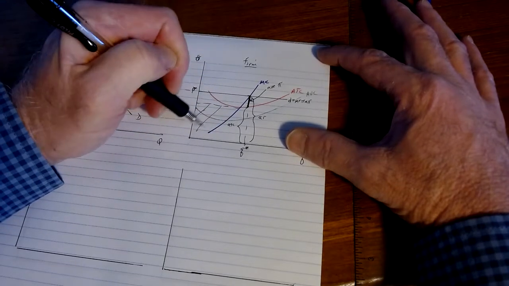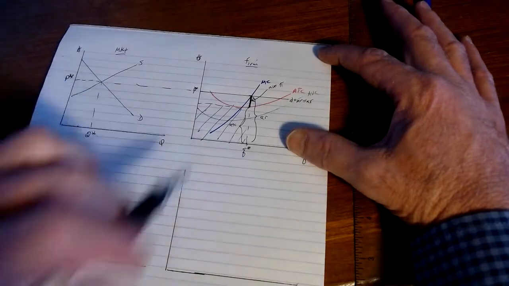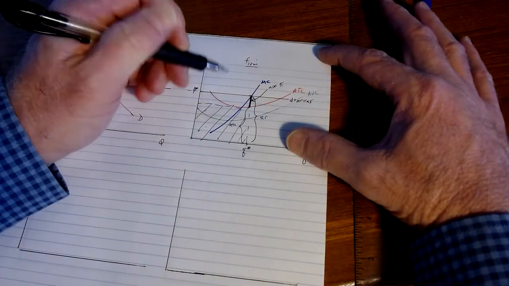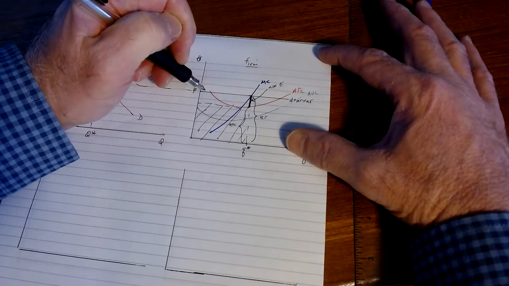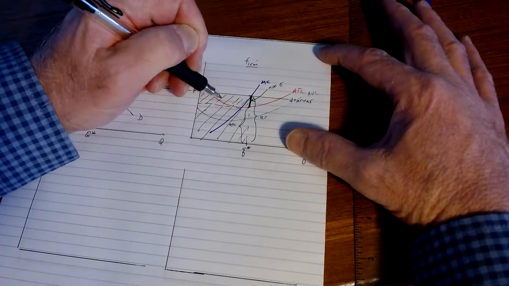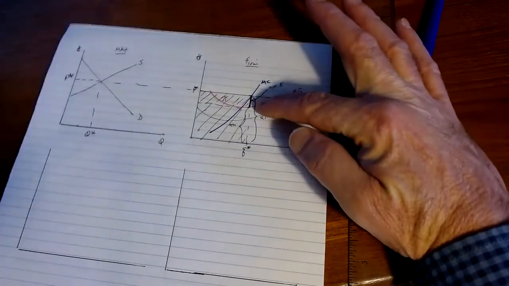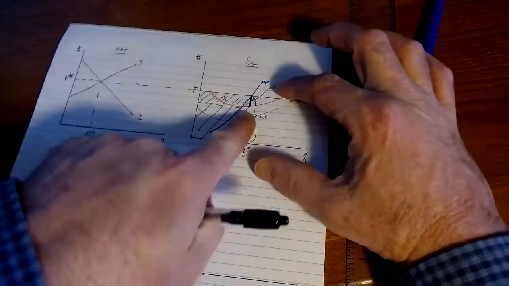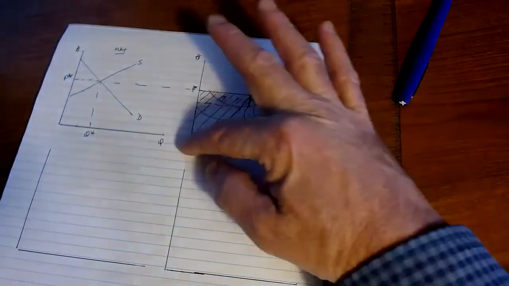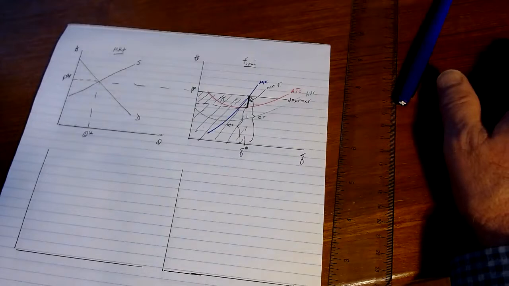This right here is quantity times average cost, which gives us total cost. And right in here then is the firm's total profit. The height is the profit per unit, but the entire rectangle is the profit per unit times the number of units, and that gives us total profit equal to that rectangle.